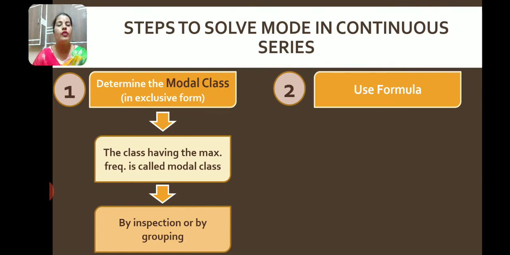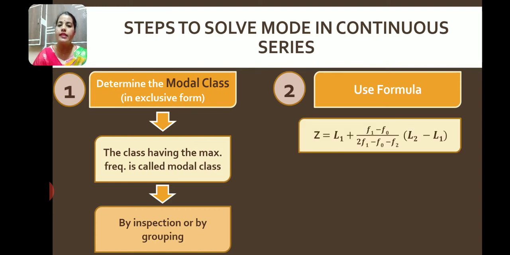Here you have a formula to calculate mode. If you want to solve the question of mode in continuous series by inspection method or by grouping method, you have to use this formula. The formula is z is equal to L1 plus (F1 minus F0) upon (2F1 minus F0 minus F2) into (L2 minus L1).